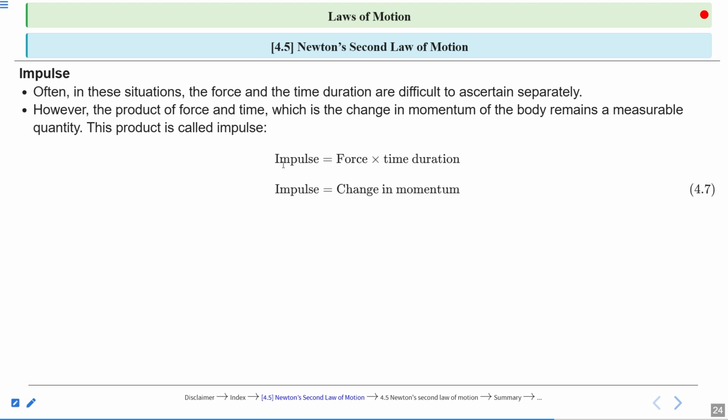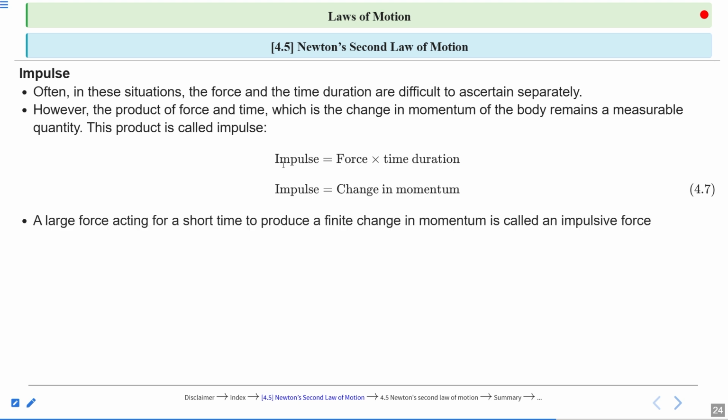Before hitting the wall and after hitting the wall, the velocity of the stone into its mass is the change in momentum, and that shows the impulse. A large force acting for a short time to produce a finite change in momentum is called an impulsive force. Impulsive force means a large force acting for a short time.